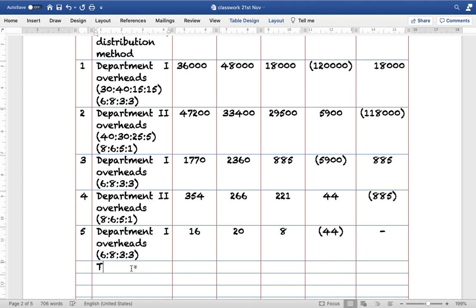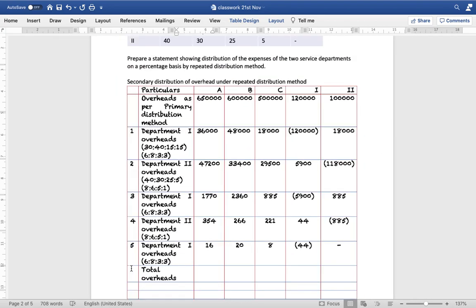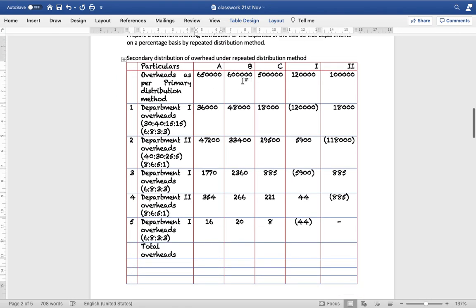Now total overheads. So 6,50,000 plus 36,000 plus 47,200 plus 1,770 plus 354 plus 16.